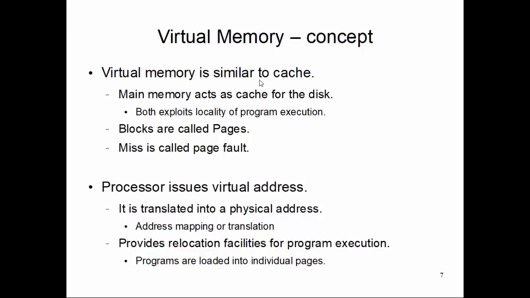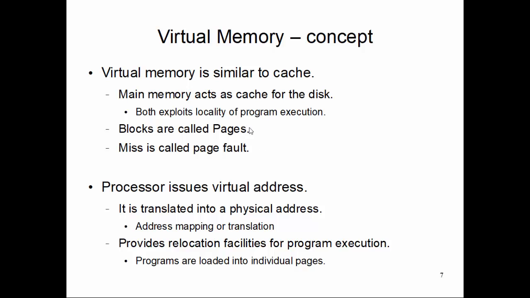The virtual memory is similar to cache. Main memory acts as a cache for the disk, and both virtual memory and cache memory exploit locality of program execution. Remember, we had temporal locality and spatial locality. This virtual memory scheme works because software has those locality properties.